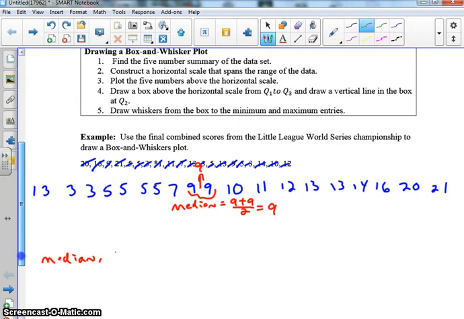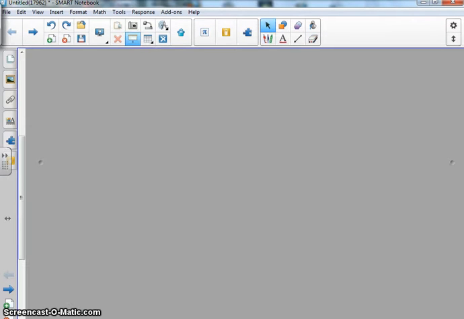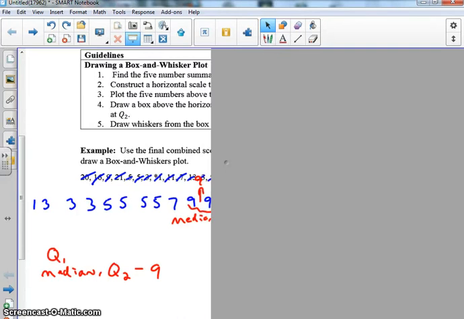That's also considered Q2. Sorry, I accidentally wrote Q3. It's also considered Q2, and it's 9. Now, to find Q1, you want to cover up the right side, and look to the left of that median.